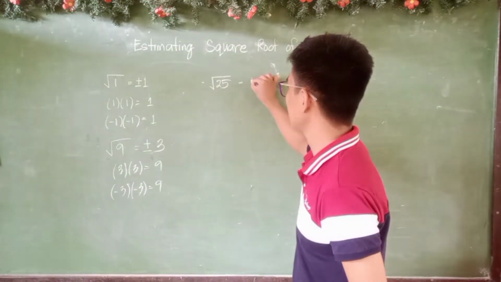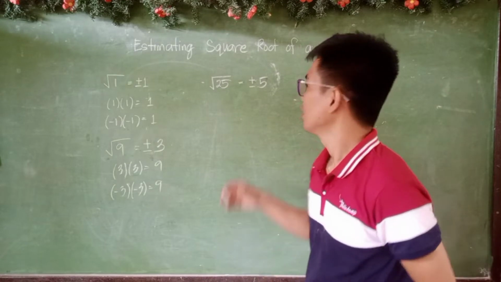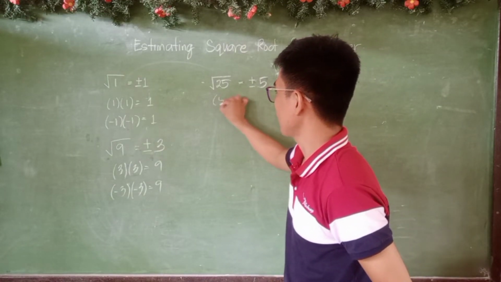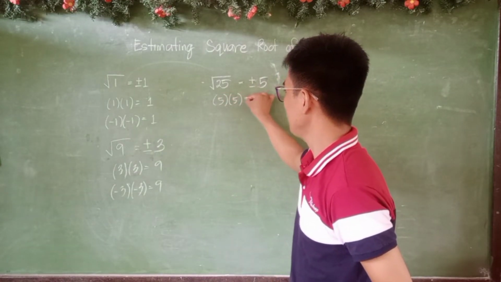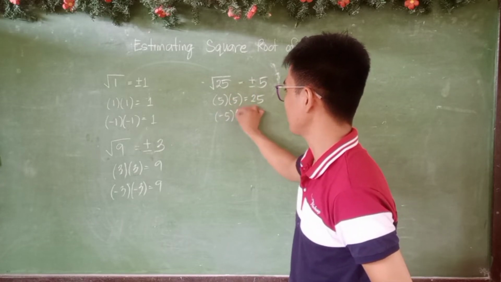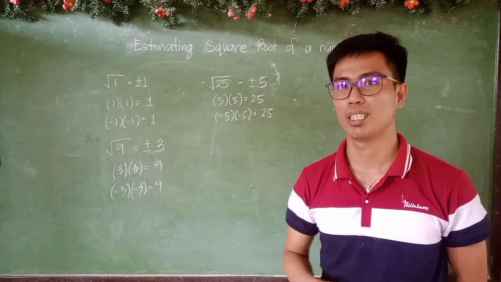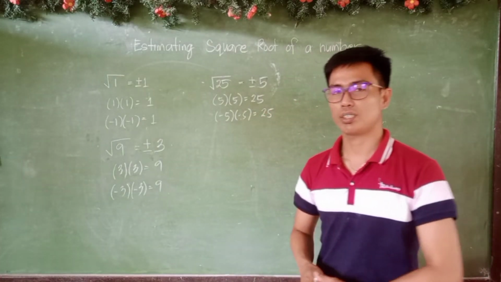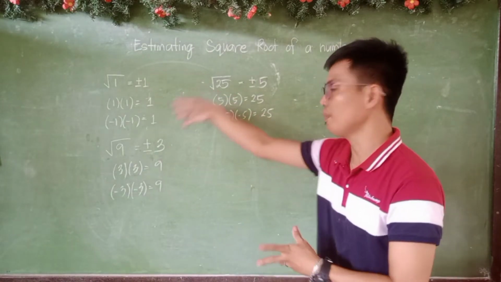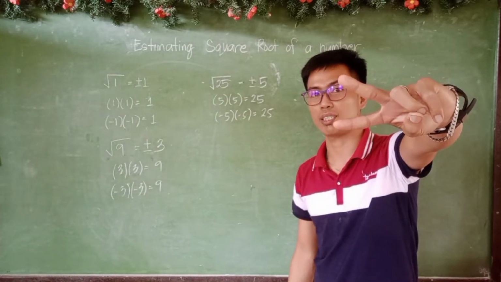So that will be positive and negative 5. Check natin. 5 times 5 is 25, and negative 5 times negative 5 is also positive 25. As you can see, meron tayong dalawang sagot sa isang square root.